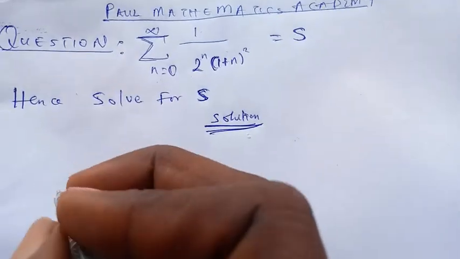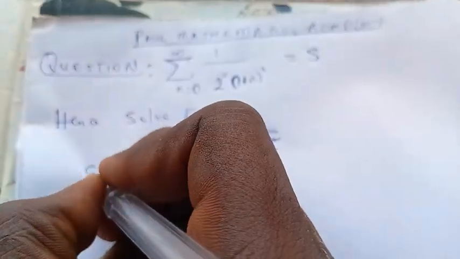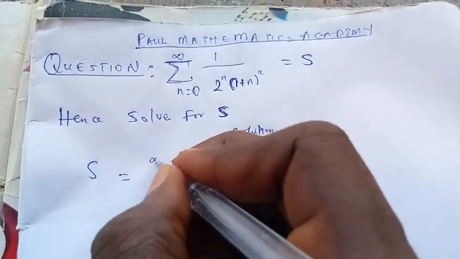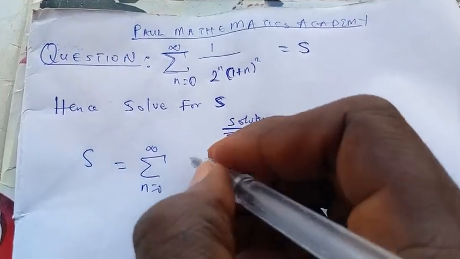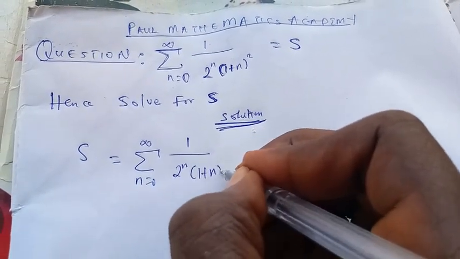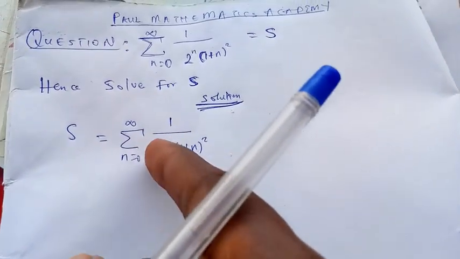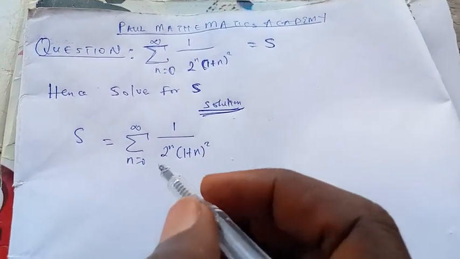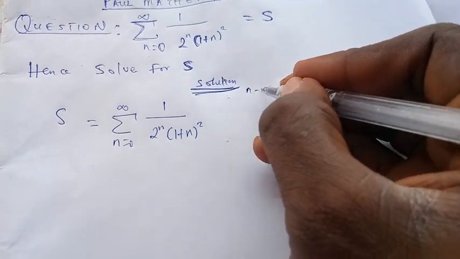Now the first step you have to take is, let me firstly write out the question. S is equal to the summation of n running from 0 to infinity of 1 over 2 raised to the power of n into bracket 1 plus n squared. Now, the first step you have to take is to shift this sum by n minus 1. This is what I mean. That is, you replace n by n minus 1.